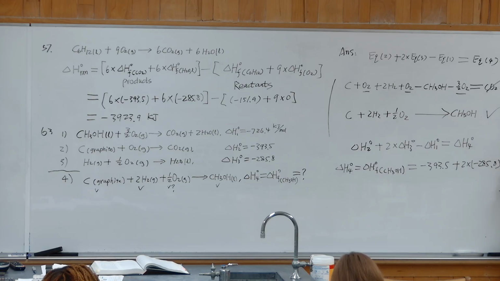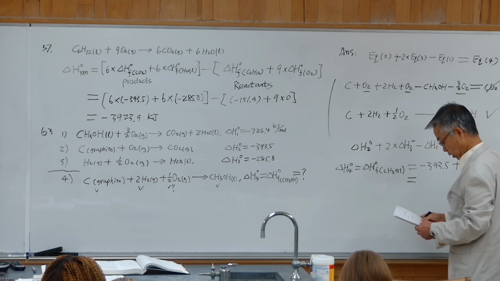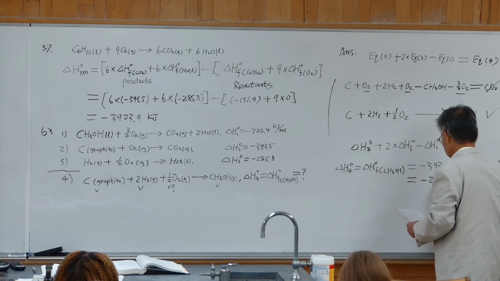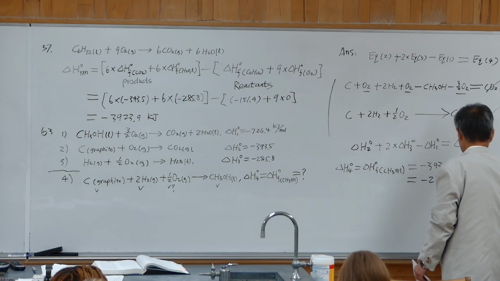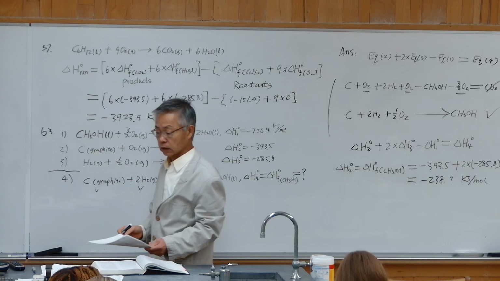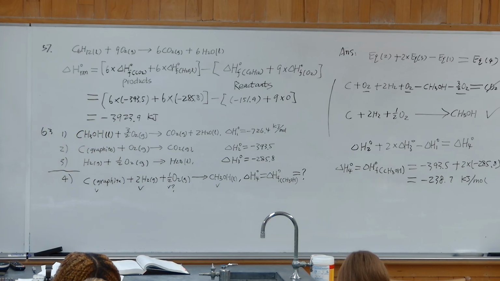Be careful, this is minus a negative, because delta H1 itself is a negative value. Then use a calculator. You get negative 238.7 kilojoule. Okay, are you okay with this?